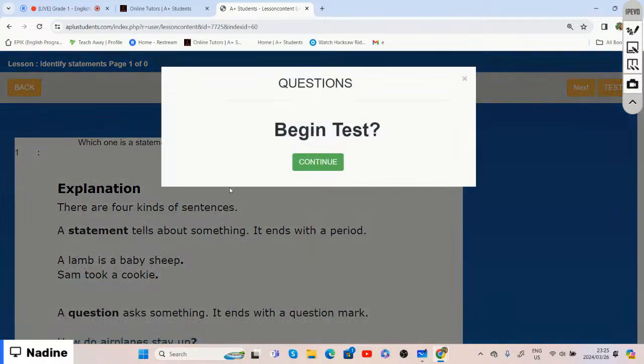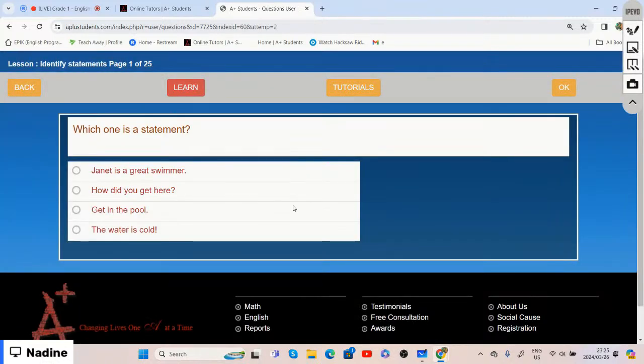All right, so let's go and begin our test. So we're going to look at these sentences over here, and we need to say which one is a statement. Is it option 1, option 2, 3, or 4? Option 1 says, Janet is a great swimmer.